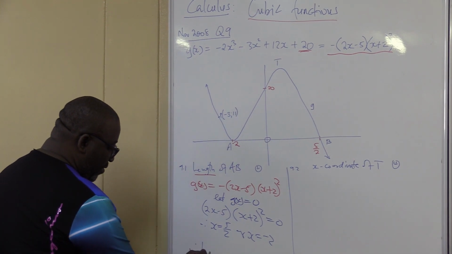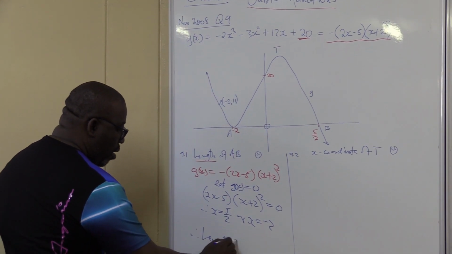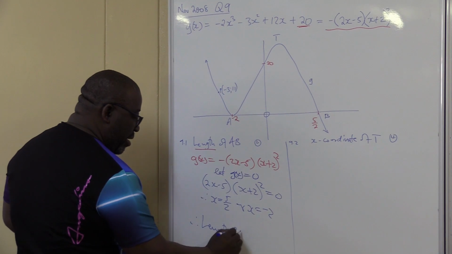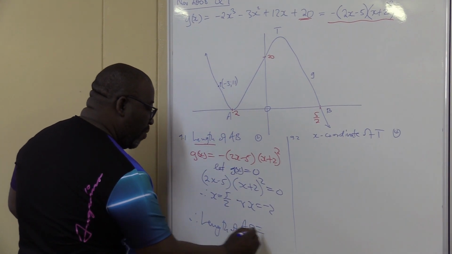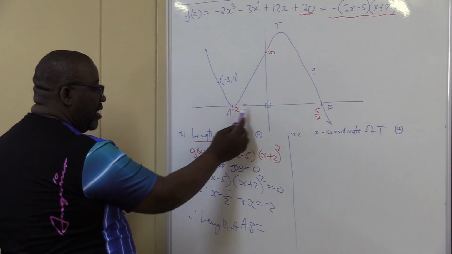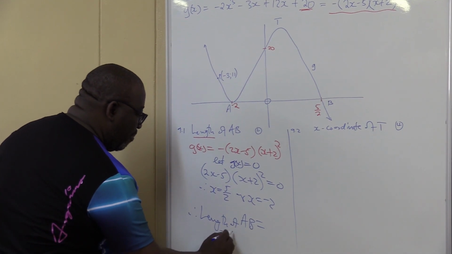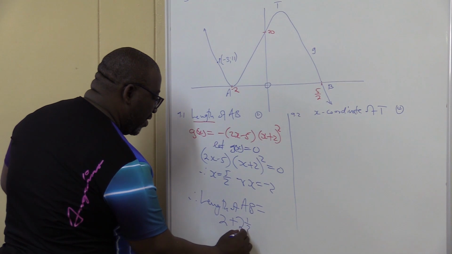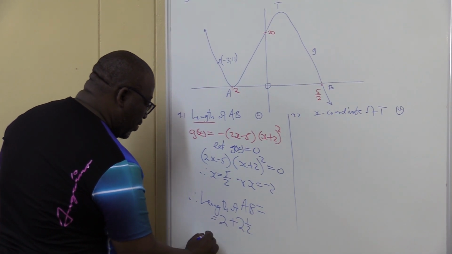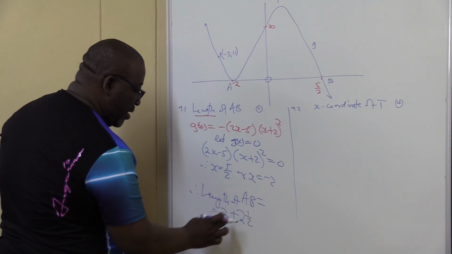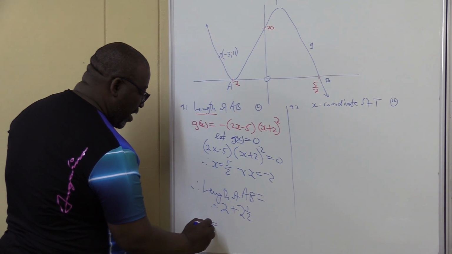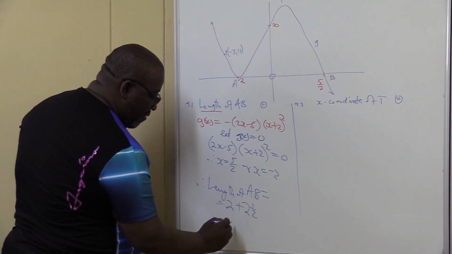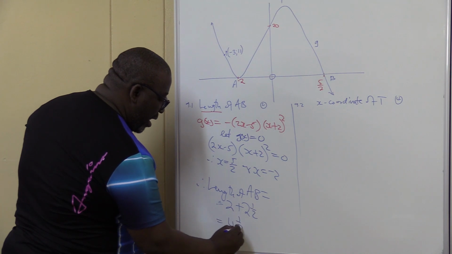Therefore, the length of AB, distance AB, will be equal to this distance, which is 2 units, plus this other distance, which is 2.5 or 5 over 2. Therefore, the actual length of AB will be 2 plus 2.5, which is 4.5.